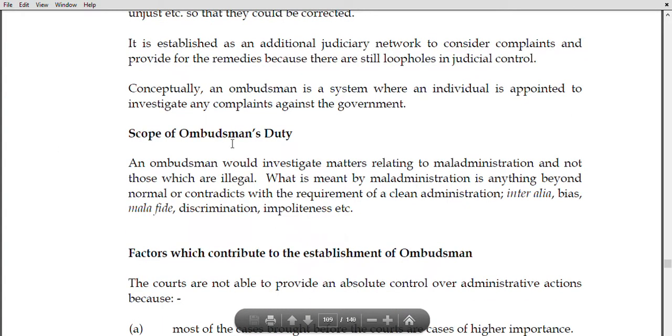And as for the scope of their duty, the ombudsman would investigate matters relating to maladministration and not those which are illegal. Examples of maladministration are when a decision is made on an improper basis, bias, malafide, discrimination, or impoliteness.